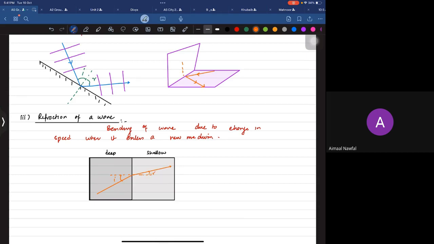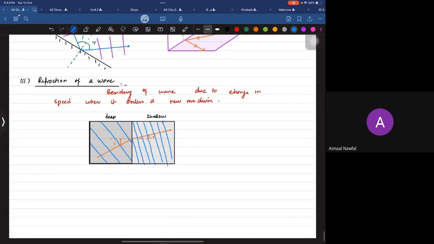This will be R. The wavefronts were drawn like these. And then when the wave enters into the shallow region, the wave would bend like this. So if you remember from IG, we used to do that. But no worries.